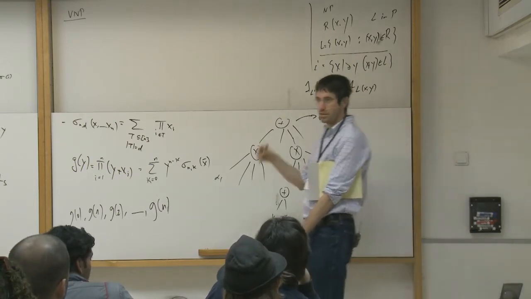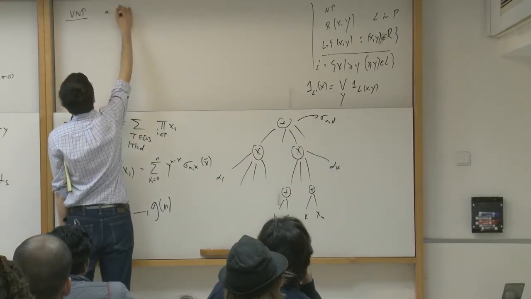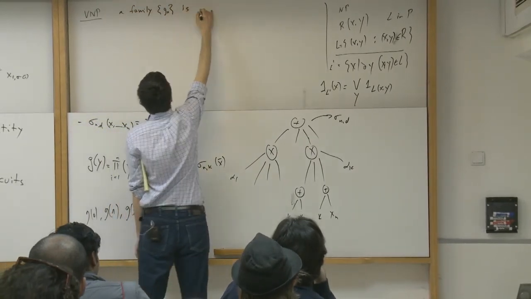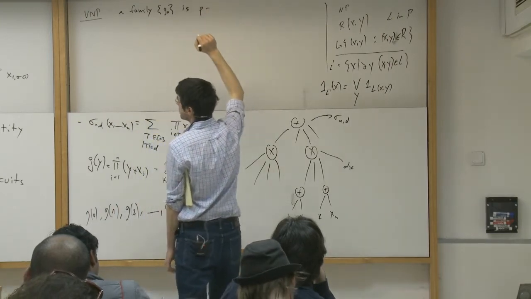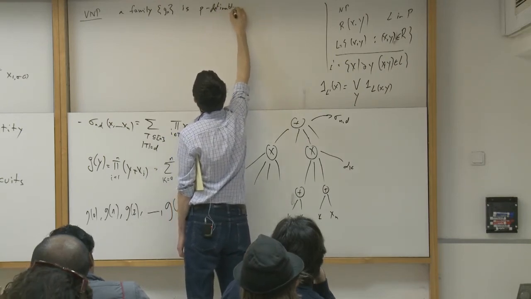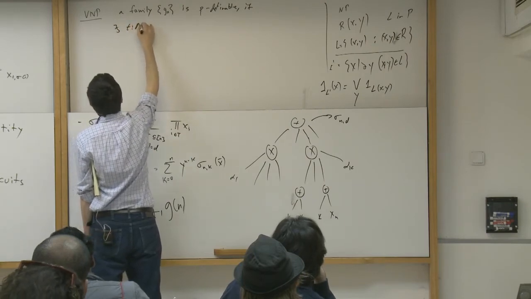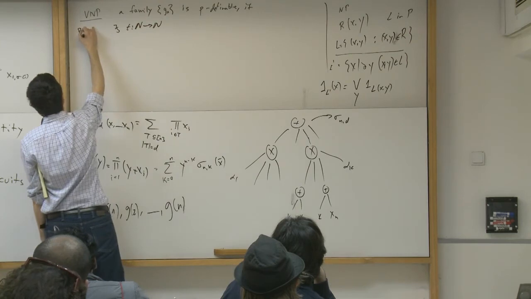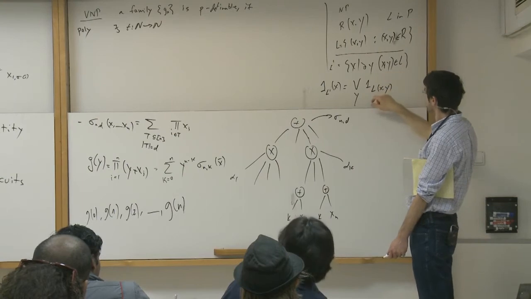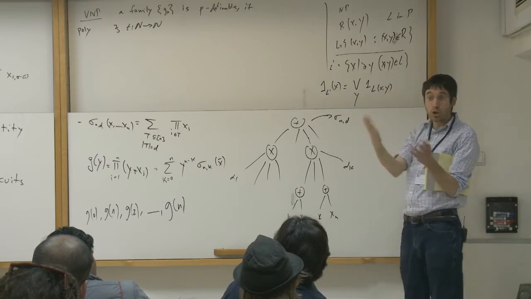So the analogous definition in the arithmetic world will be the following. A family Gn is said to be P-definable if there exists some polynomial T, and basically you can think of T as bounding the relation between y and x. You want the witness in NP to be polynomial in the length of the input.